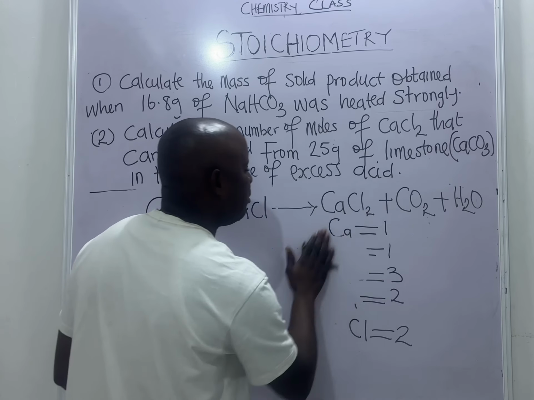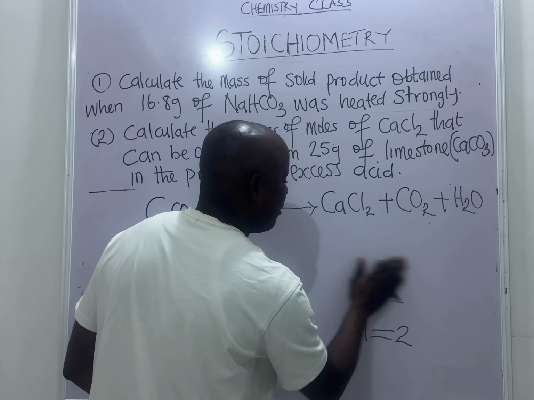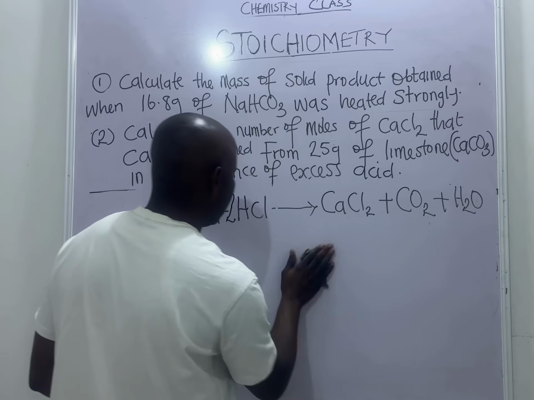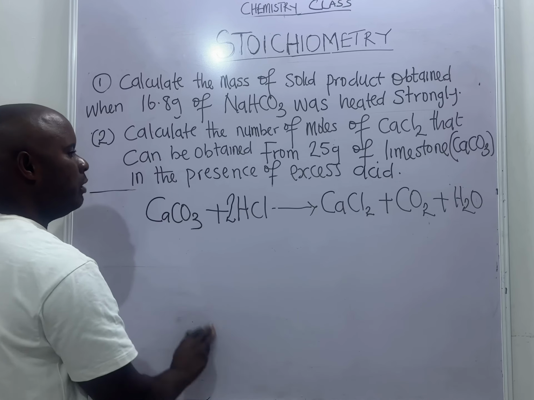So this is what we are trying to say. We must have a balanced chemical equation for us to know the amount of these substances that came together to give the product.